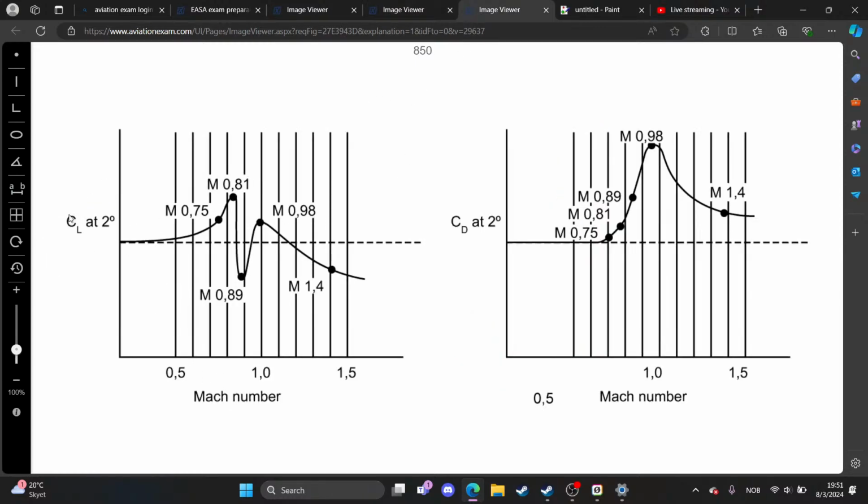Mach number, coefficient of lift. So we'll increase till... okay.